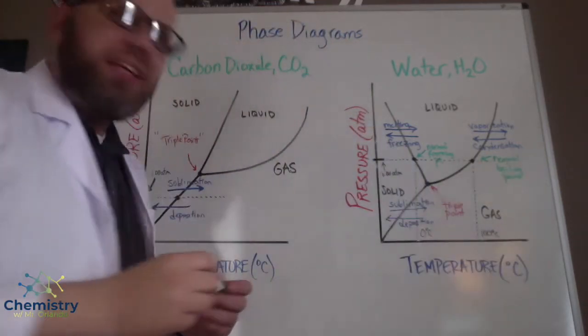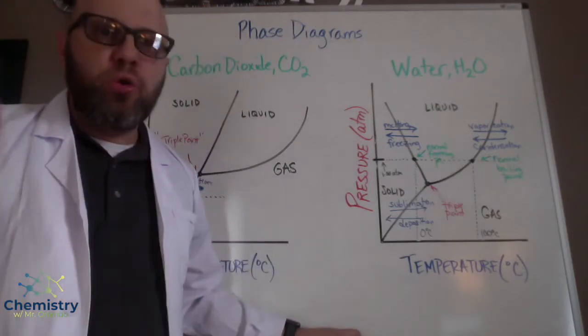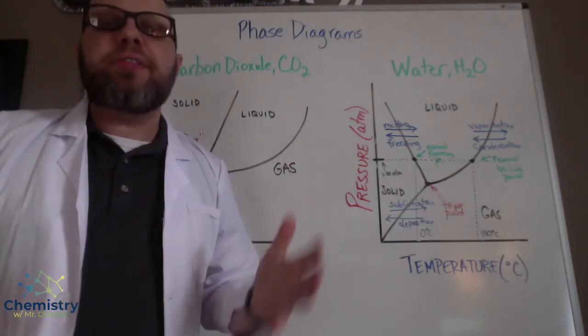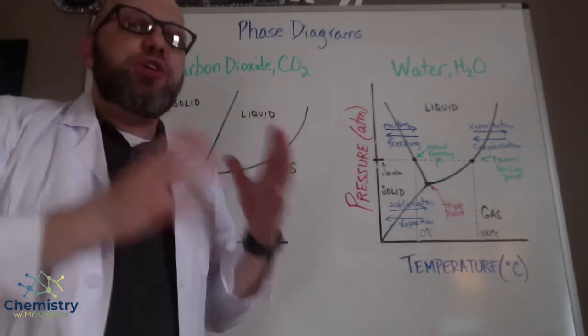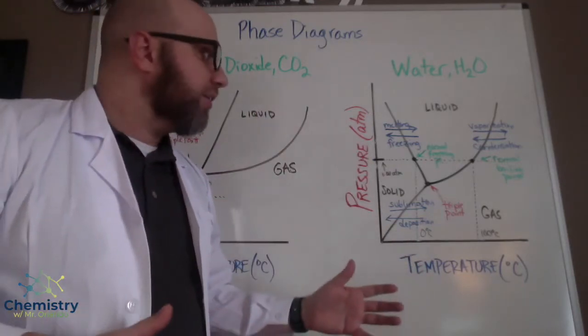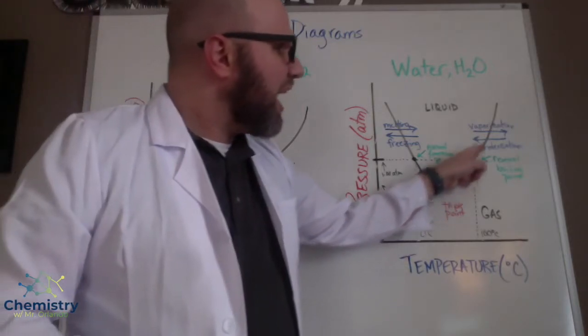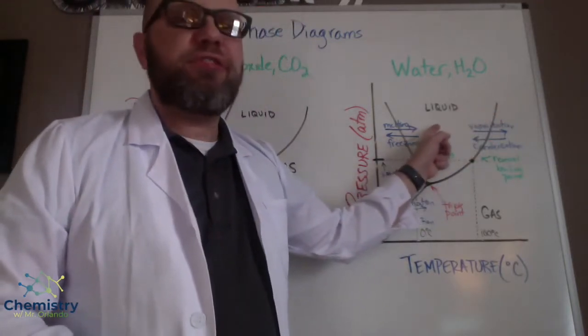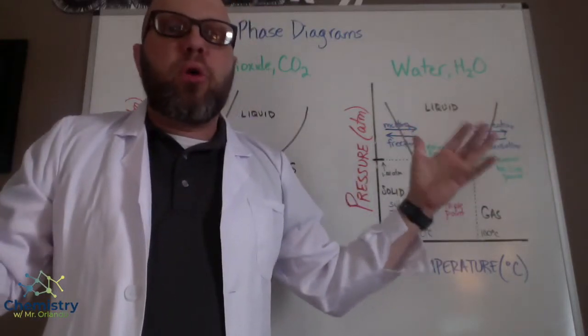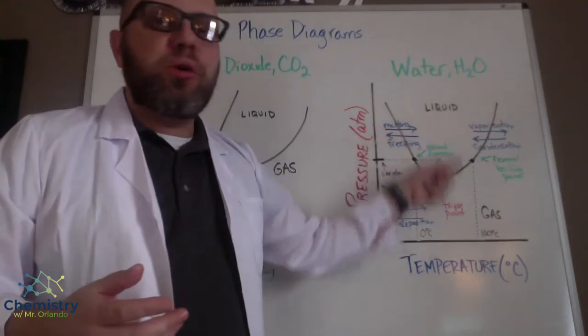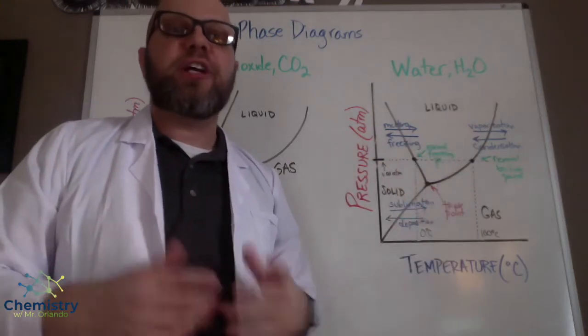Now, it seems weird to use the term normal, but the truth is that water can boil at a whole bunch of different temperatures if you adjust the pressure that you're at. So this entire line represents the transition from a liquid to a gas. So you could boil water at any temperature as long as you were able to lower the pressure enough.